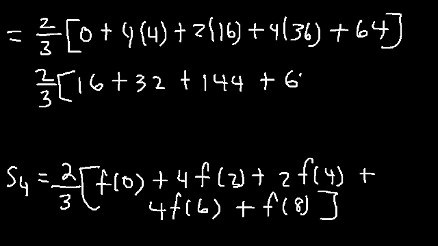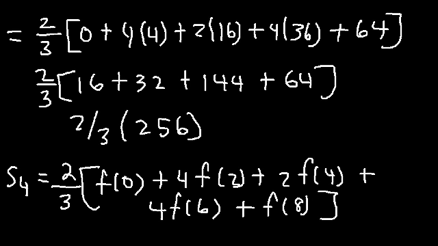And then let's add 64 to it. So 16 plus 32 plus 144 plus 64, that's 256. 2/3 of 256 gives us 170.67, which is the actual answer.